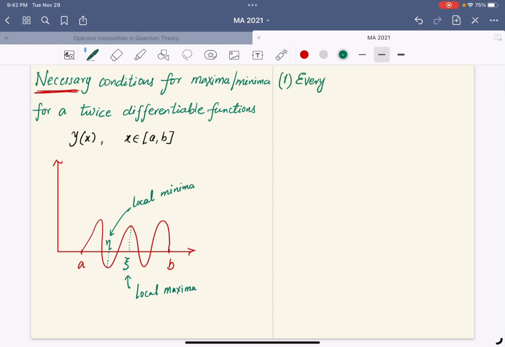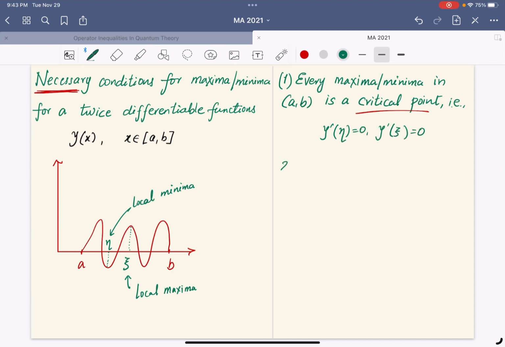Now here's the necessary condition. First one is something you must already be familiar with. It is called the first order necessary condition, which says that every local minima, local maxima must be a critical point. What does that mean? It means that the derivative of the function, the first order derivative, must be 0 at these points. Now the second one is a less obvious and important one.